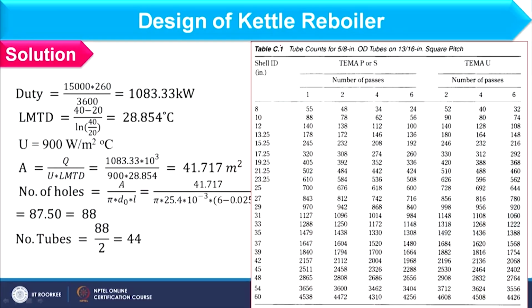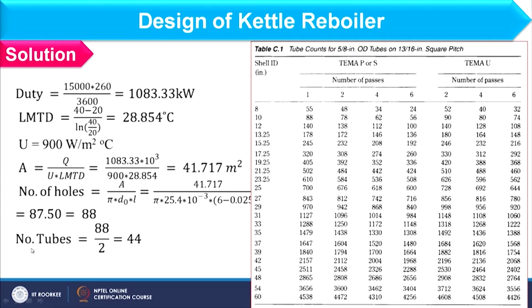So, let us see table C1 first. If you focus on table C1, it gives the tube count for 5 by 8 inch OD tubes on 13 by 16 inch square pitch. Okay. So, the OD of the tube is not 1 inch as given in this problem, fine. So, this table will not work for me.